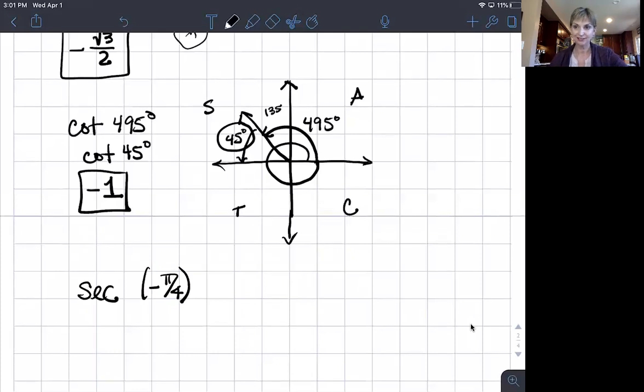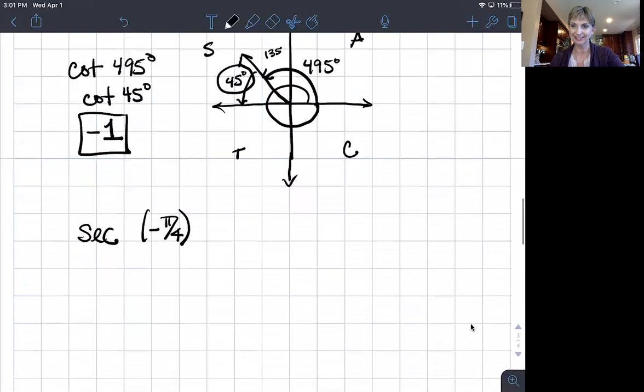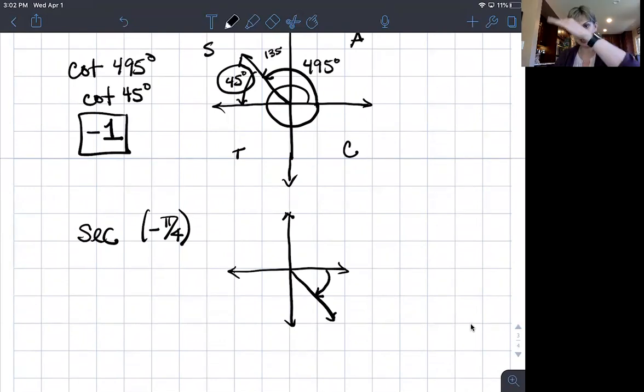Okay, got an answer? Let's see if we have the same one. Let's write what the angle is first. What we're trying to solve is the secant of negative pi over 4. Negative pi over 4 is an angle that goes clockwise instead of counterclockwise. It's 45 degrees in the negative direction, so we're right here.